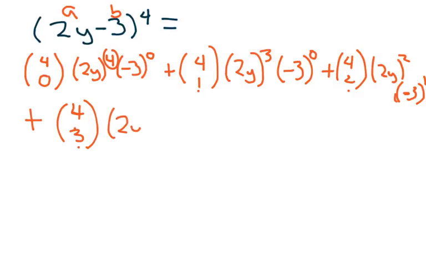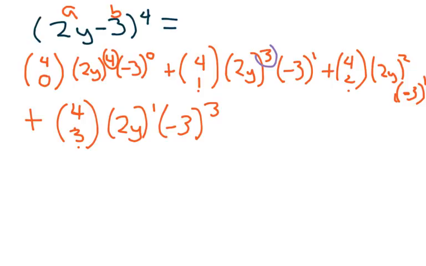This is going to be 2y to the first times negative 3 cubed. Again, all these numbers here should add up to 4, which I can just see here it doesn't. So I'm going to put a 1 here.